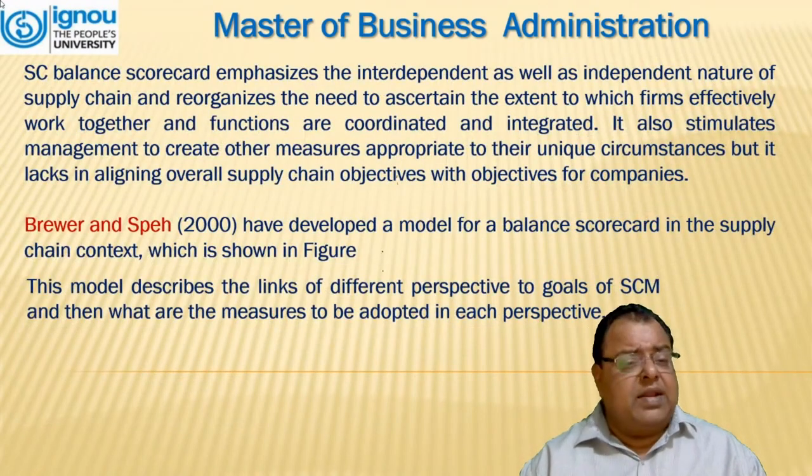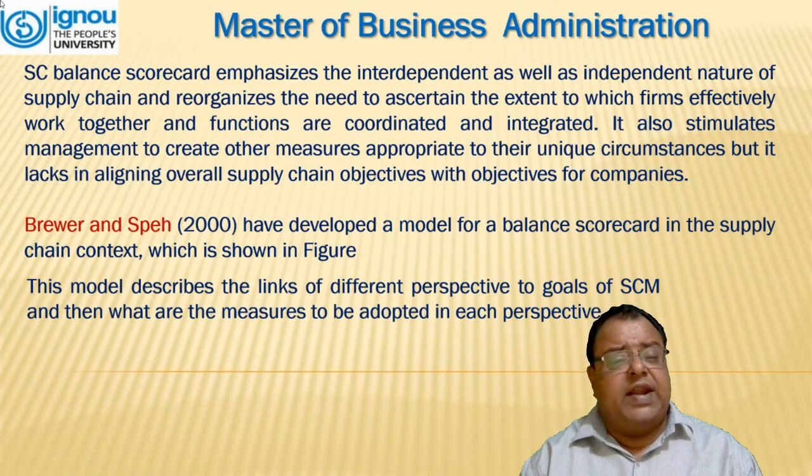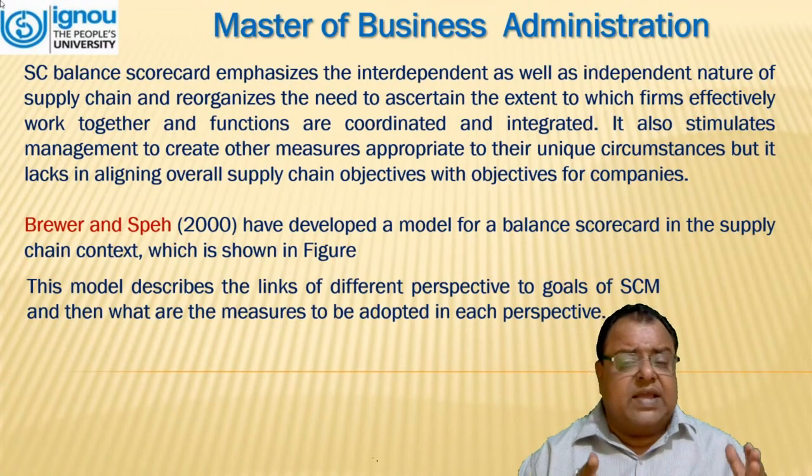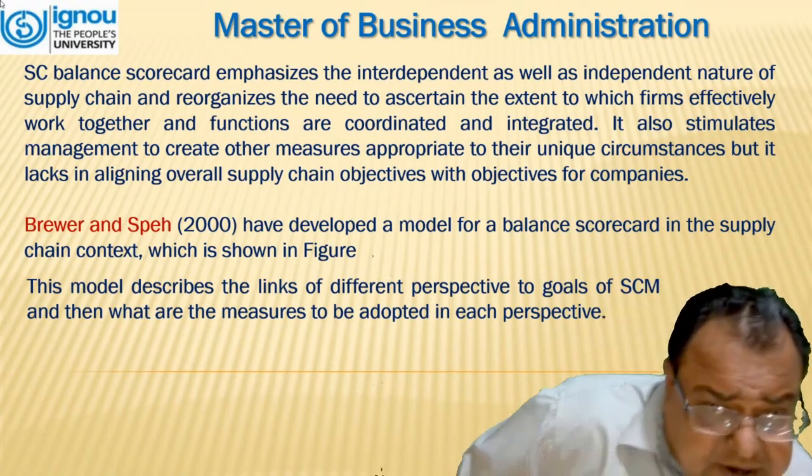Supply chain balanced scorecard emphasizes the interdependent as well as independent nature of supply chain and recognizes the need to ascertain the extent to which firms effectively work together and functions are coordinated and integrated.